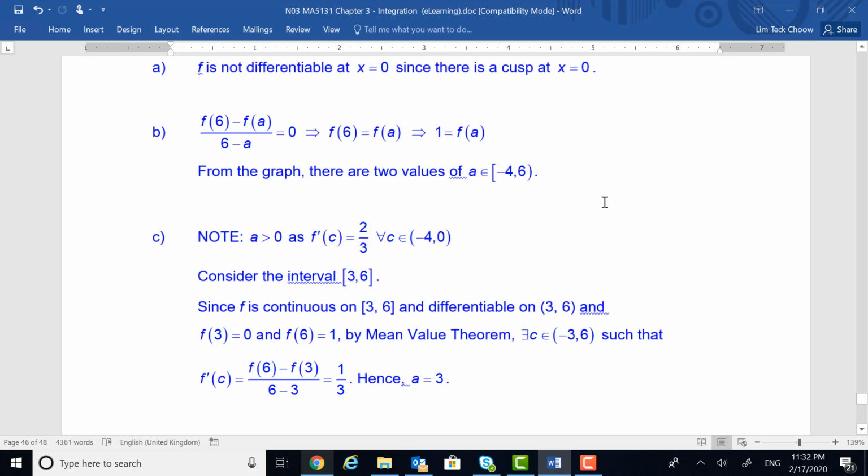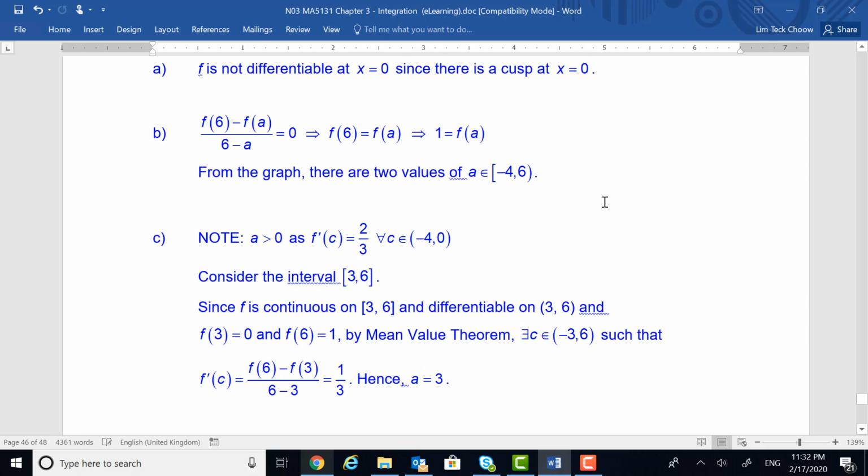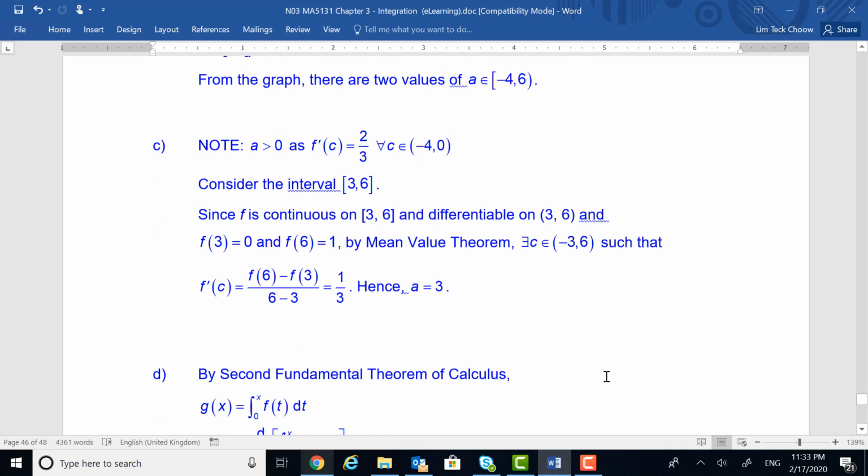This is A, B, and C. So give some time to jot down first. And then part D.